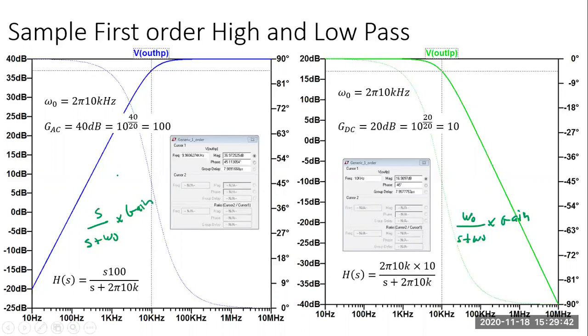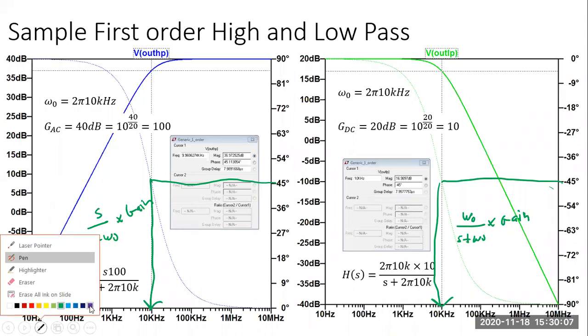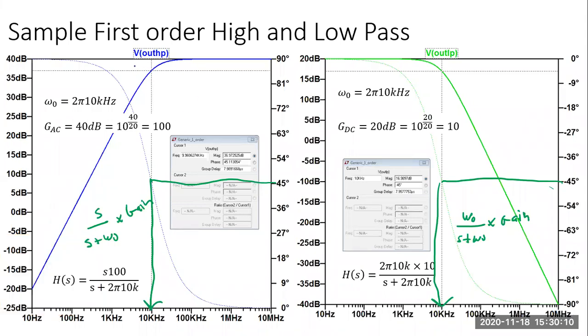Again, I can come off of the 45 and find it. For this case, I can come off of the minus 45. And if we choose to do the asymptotic plot, there's a high frequency asymptote, and here's one coming up from low frequency.